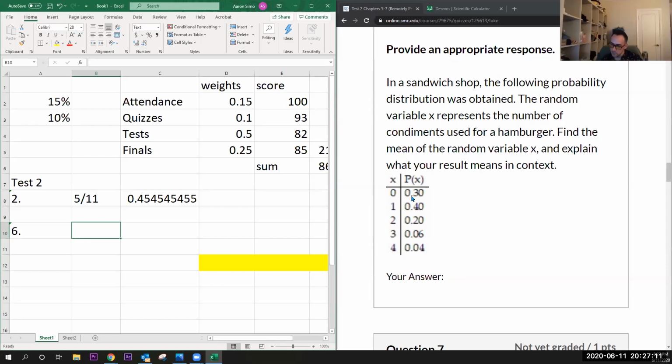As I look at these numbers, around 1 would be the center of gravity. Let's say 1.2 is the weighted mean. In context, that means on average, hamburgers have 1.2 condiments on them.